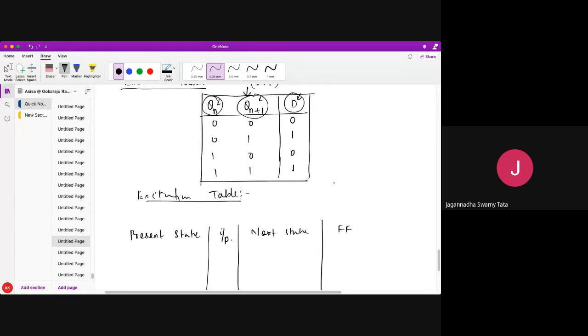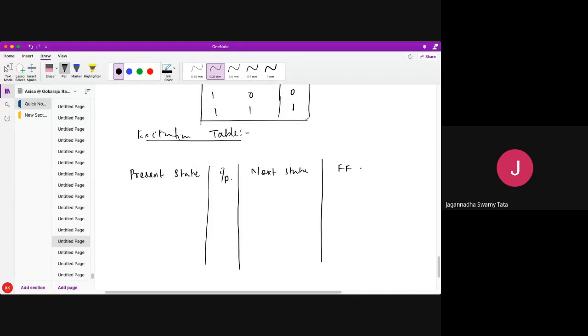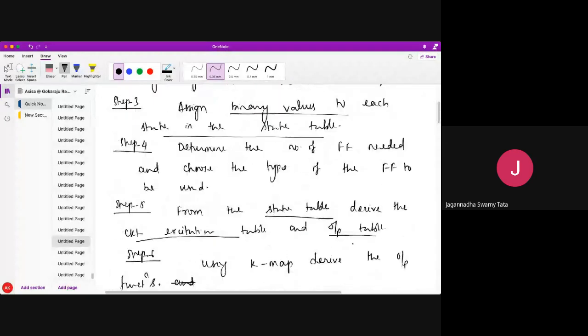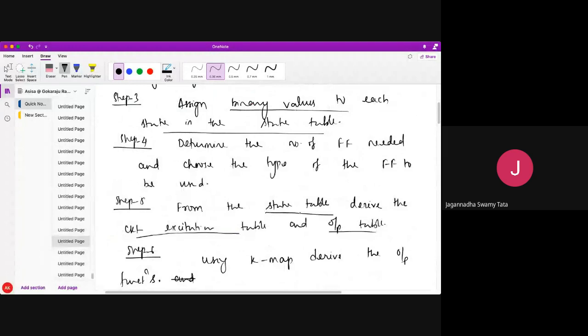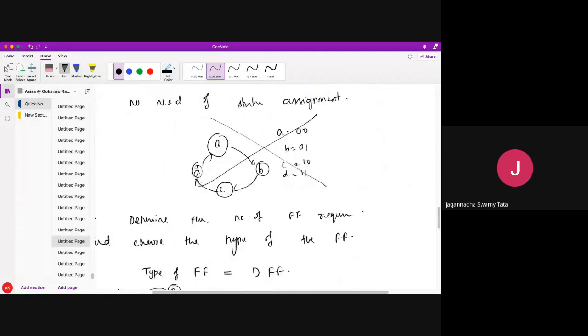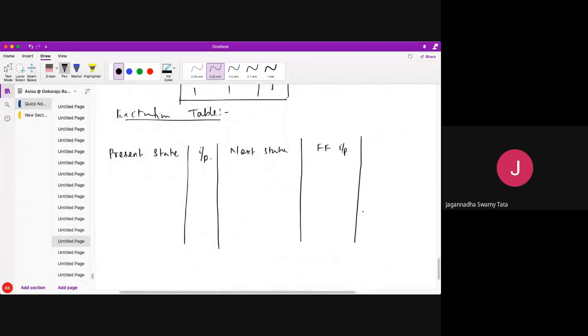As I told you, in the excitation table we have flip-flop inputs as well. Then, as I told you in step 5, from the state table derive the circuit excitation table and the output table. So the output will also be in the excitation table, so I am going to write down output here. Okay, now tell me, what is my present state?